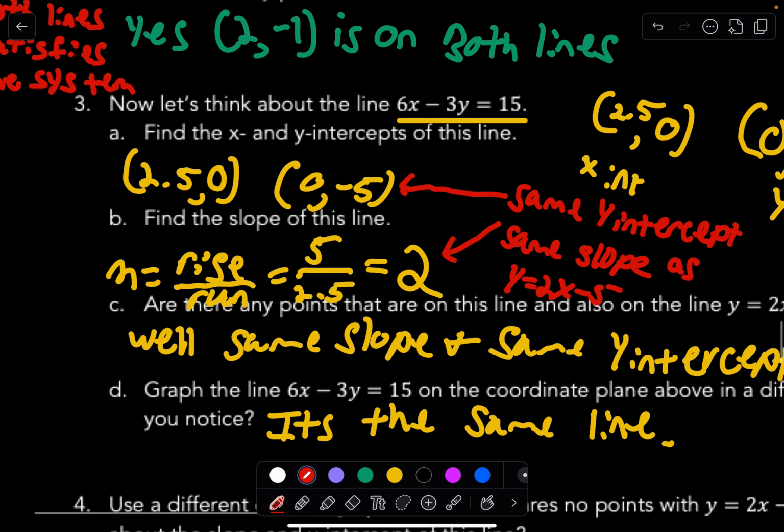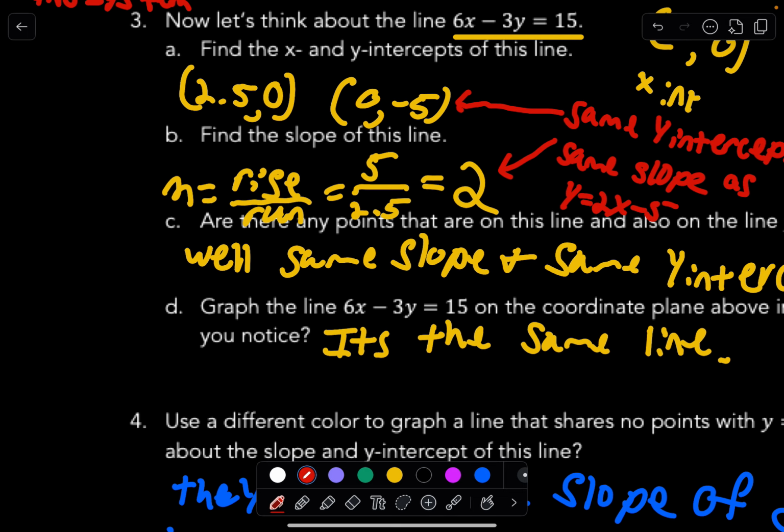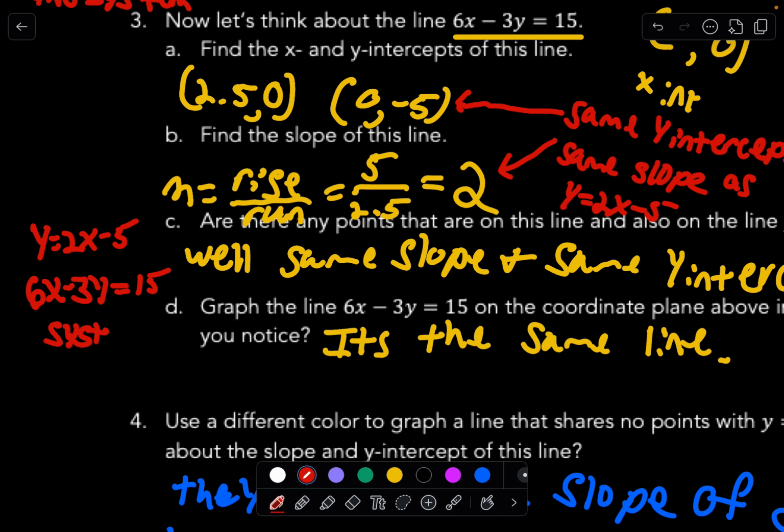So our system would have been this, y equals 2x minus 5 and 6x minus 3y equals 15. The system has infinitely many solutions.